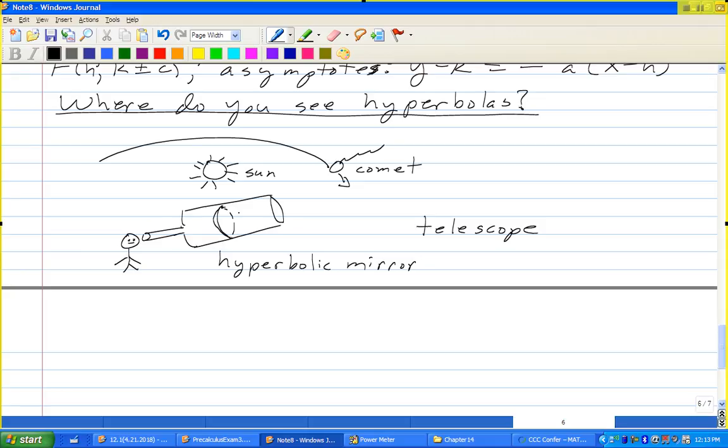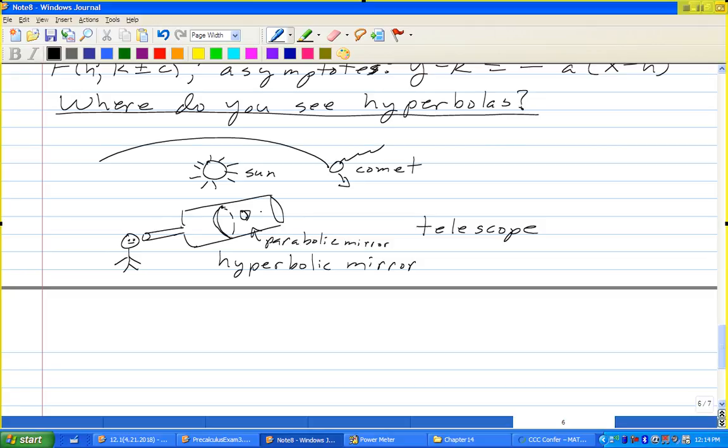You then usually have in here a parabolic mirror also. And then it goes to your lens, which is basically parabolic.